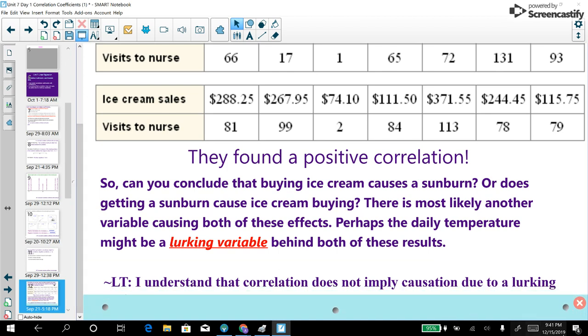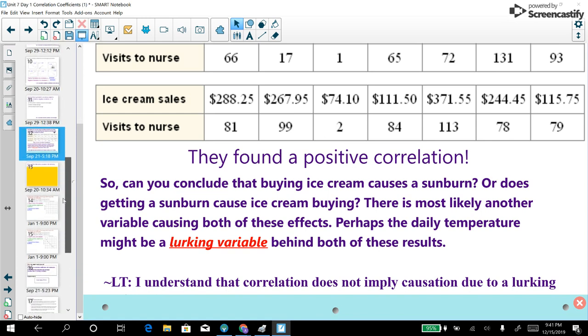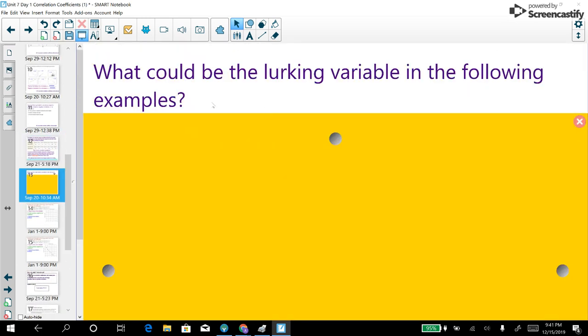Buying ice cream does not cause a visit to the nurse. A visit to the nurse does not cause buying ice cream. There's something else happening. Generally speaking, when it is nice and hot outside, like we have in our Minnesota summers, we are more likely to be out in the sun, and we are also more likely to buy some ice cream.